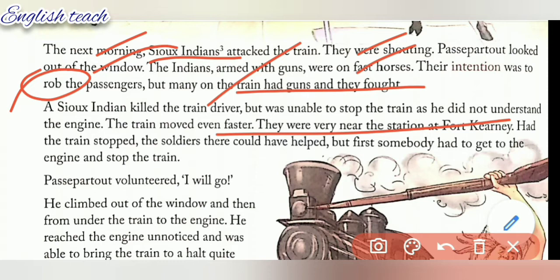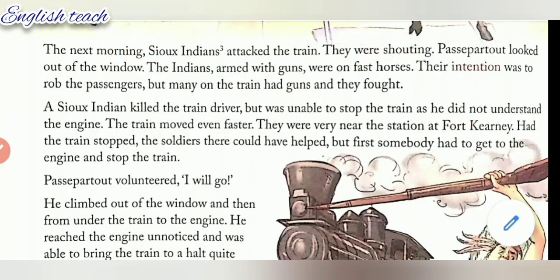The station name is Fort Kearney. When the train stopped, all the Indians ran away because soldiers, an army force, and police were there.